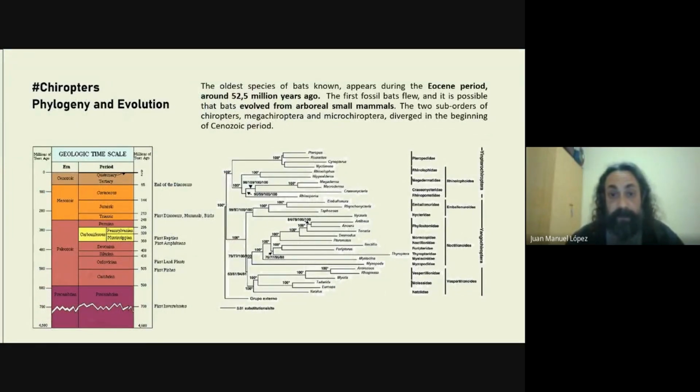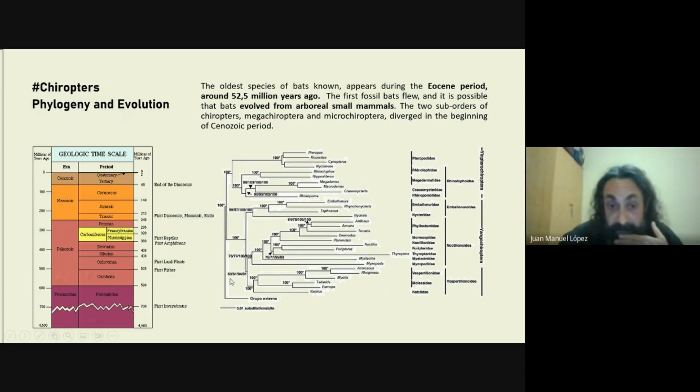Phylogeny and evolution of bats. The first real bat with flight and echolocation and all the things that bats have nowadays appears more or less 52.5 million years ago during the Eocene.